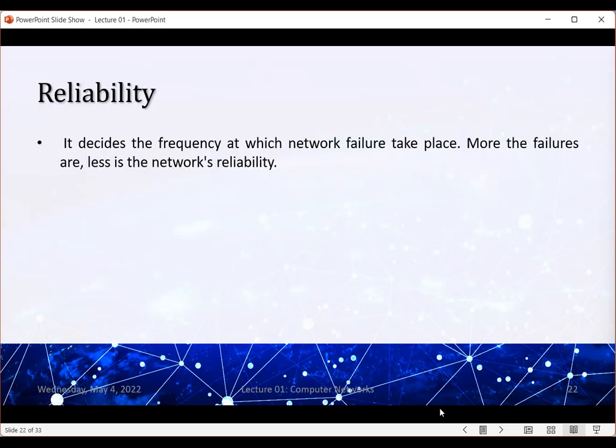Next one is reliability. දැන් අපි මෙහෙම හිතමු. Now let's say you are going to suggest a system for a given scenario. Then ඔයාට කවුරු හරි system එකක් හදන්න කියලා.